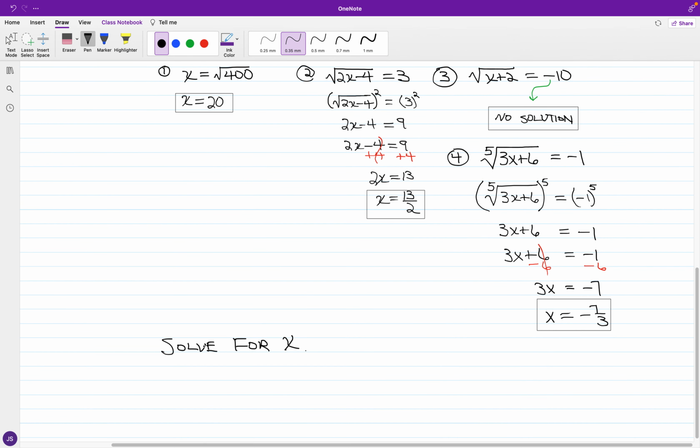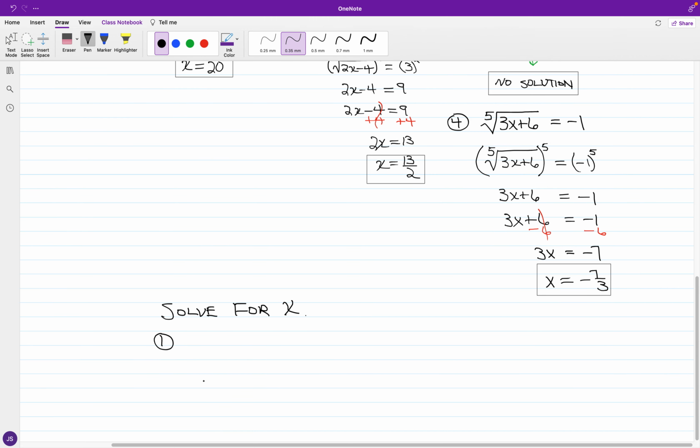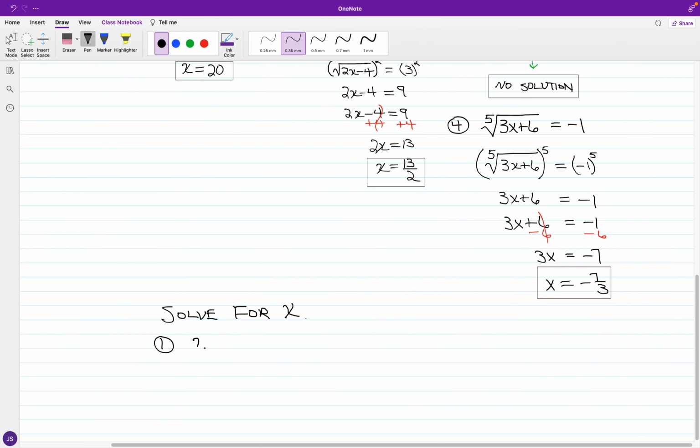And let's say we have x appear twice, and we'll say that we have x is equal to 3 times the square root of x. If you notice, you have x appear twice, one as the monomial itself, and on the right hand side we have 3 times the square root of x.